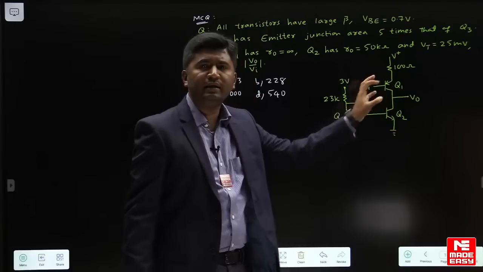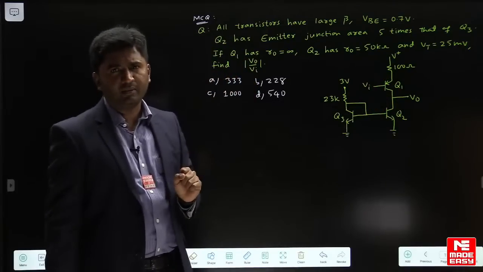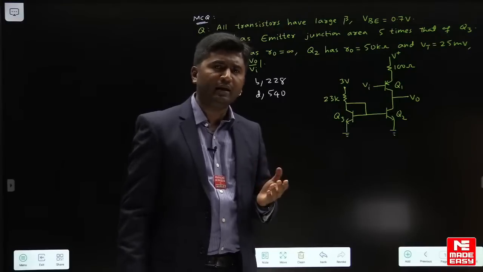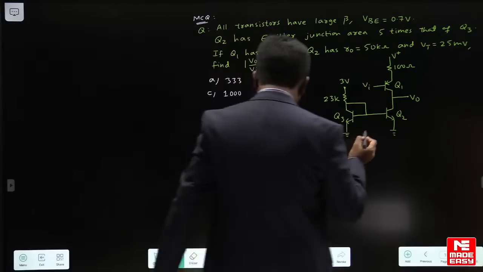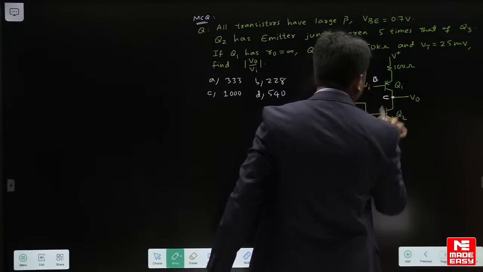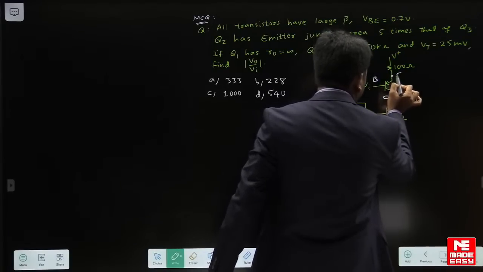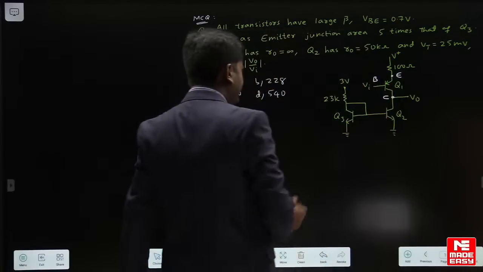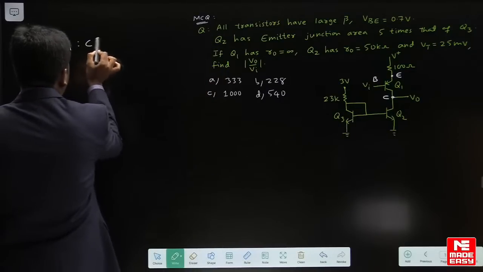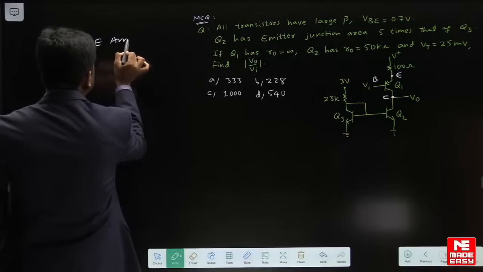So Q1 is a common emitter amplifier, because input is at the base and output is taken from the collector. I write here Q1, it's a common emitter amplifier.